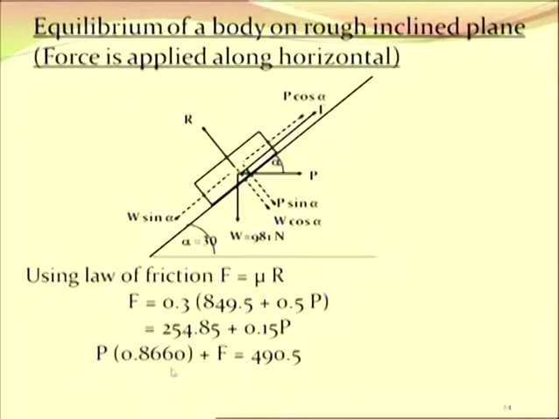P into 0.8660 plus F is equal to 490.5, that is the earlier equation. Here we have a value of F, so we can put this value here. If we put it here, the equation is P into 0.8660 plus the F value from the earlier equation, 254.85 plus 0.15P, that equals 490.5.